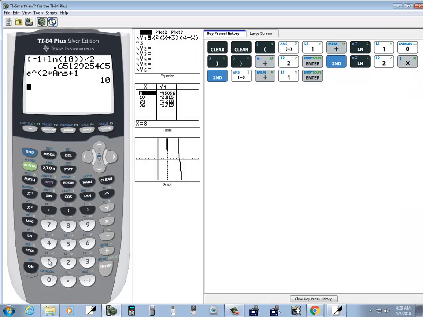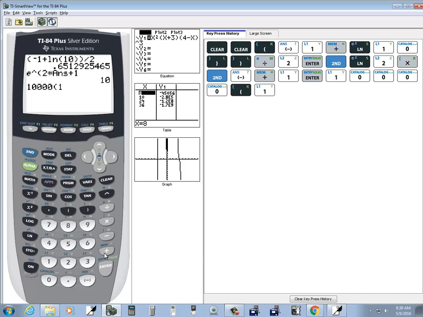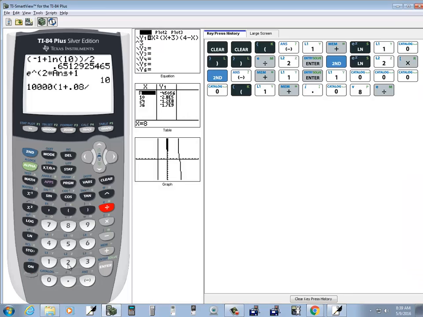Okay, so we got 10,000, beginning parentheses 1 plus 0.08 divided by 12, closing parentheses, caret 60.